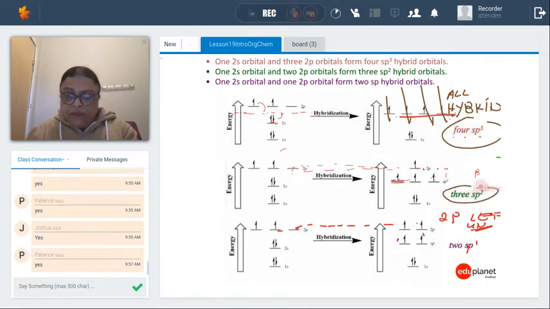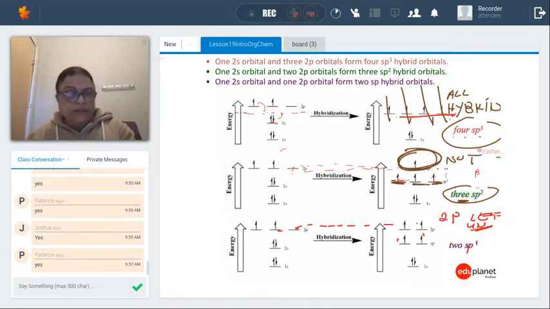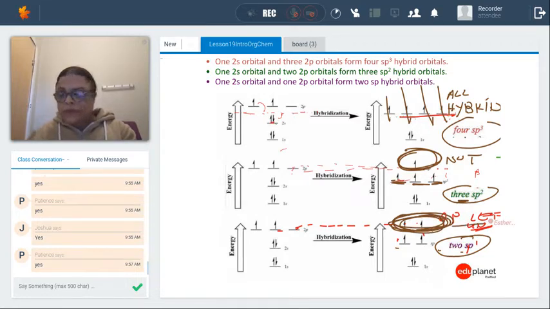When we have sp2, we have 3 new orbitals, 1, 2, 3, and 1 of the p's not hybridized. It can also take only 1 of the p's, and then we have 2 sp orbitals and 2 p's not touched. Are there any questions so far?